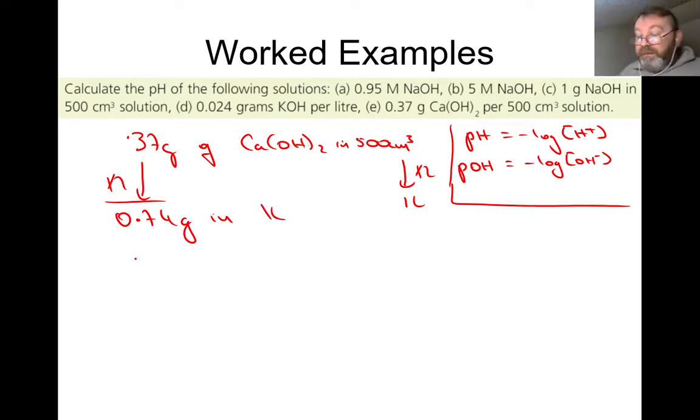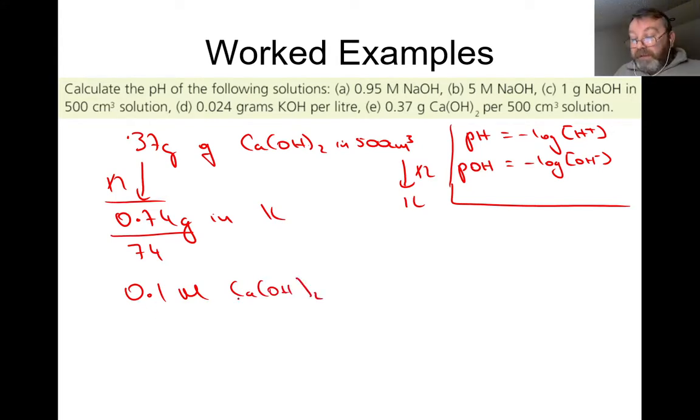And finally, to get this into moles per litre, I divide by the mass of the molecule. Calcium, if I remember correctly, is 40. Plus 2 oxygens, that's 32, and 2 hydrogens is 2, and that brings me up to 74. So 0.74 divided by 74, 0.1 molar CaOH2.